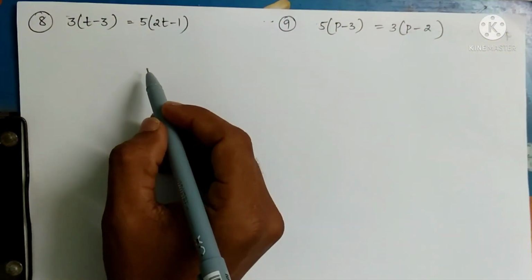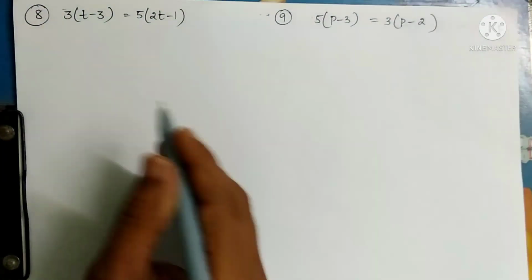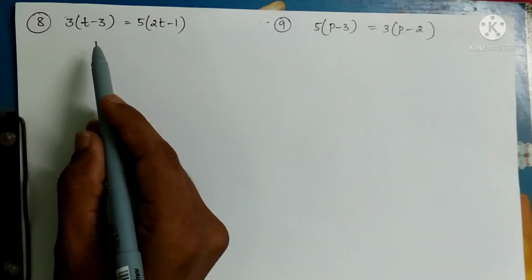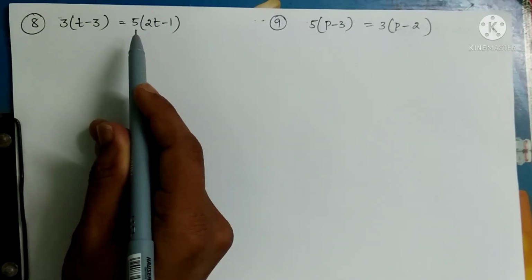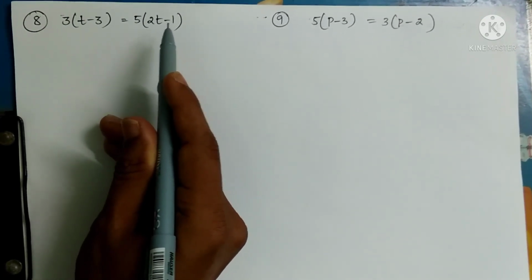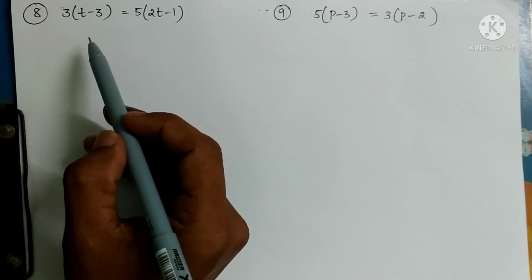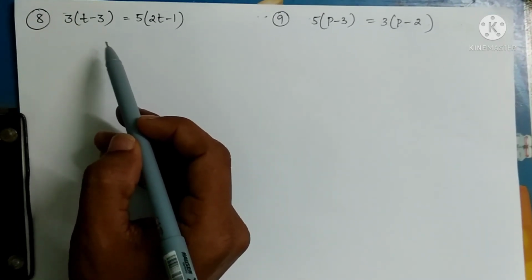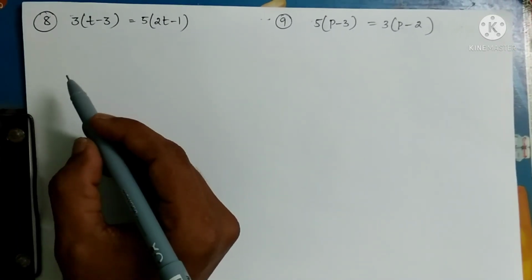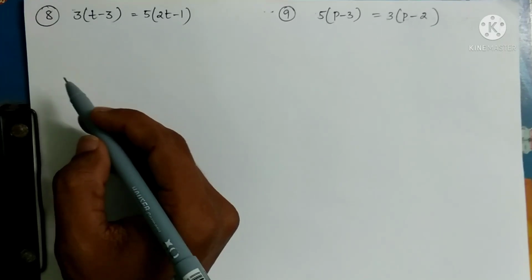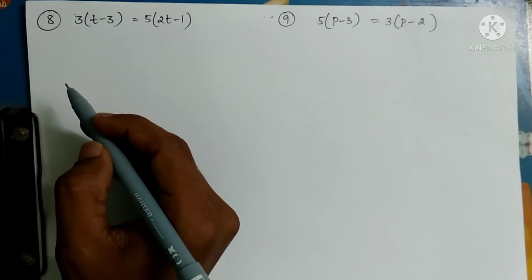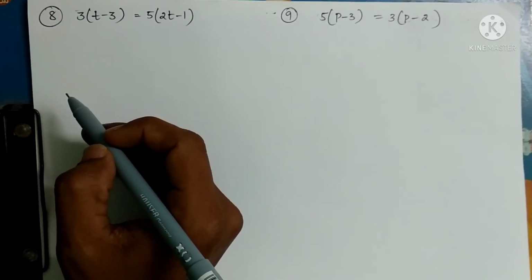Now let us solve question number 8. Question number 8 is 3 into t minus 3 is equal to 5 into 2t minus 1. This problem is different from the previous problems. The 7th problem is the same as the remaining problems.